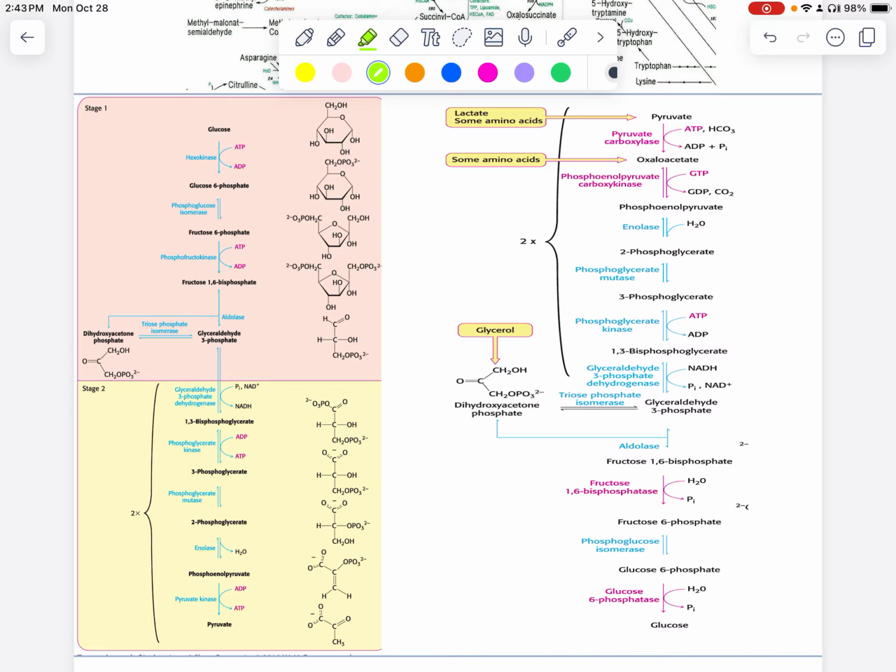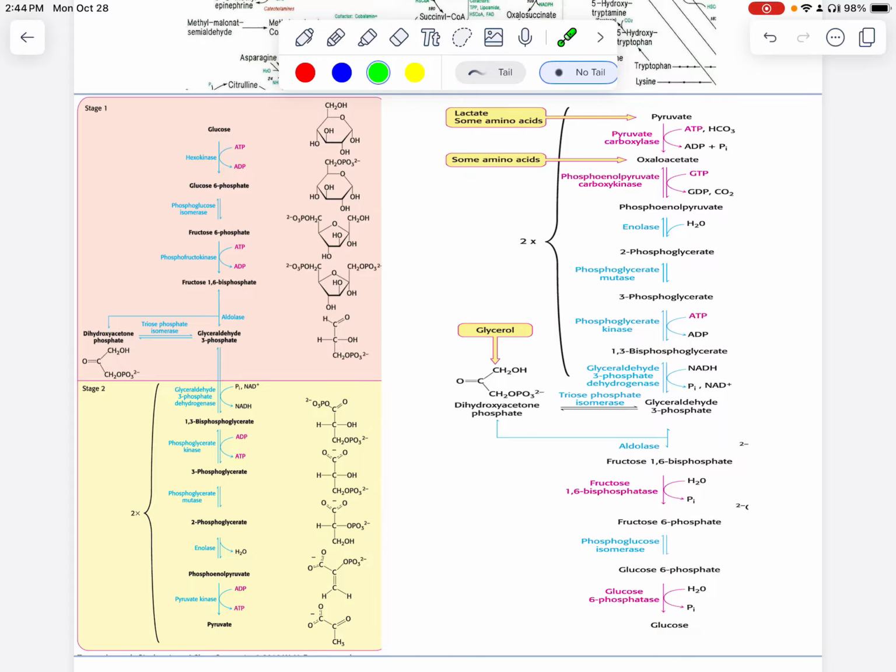The enzymes listed in blue are exact same for those same steps in the glycolysis. The enzymes listed in pink are those regulatory enzymes. And so, for example, here, glucose 6-phosphatase is the one we see in gluconeogenesis, takes us from glucose 6-phosphate to glucose.